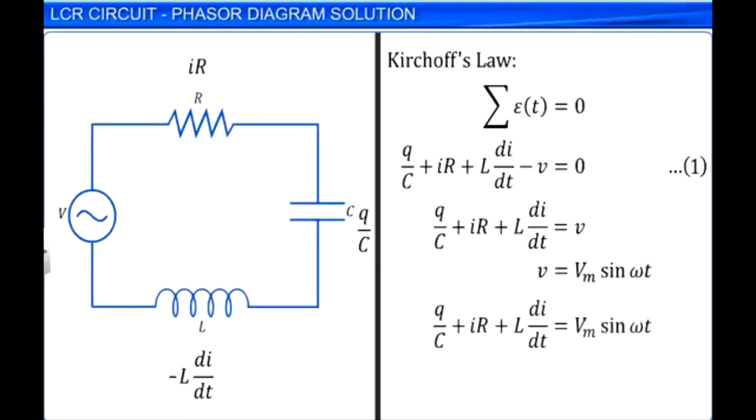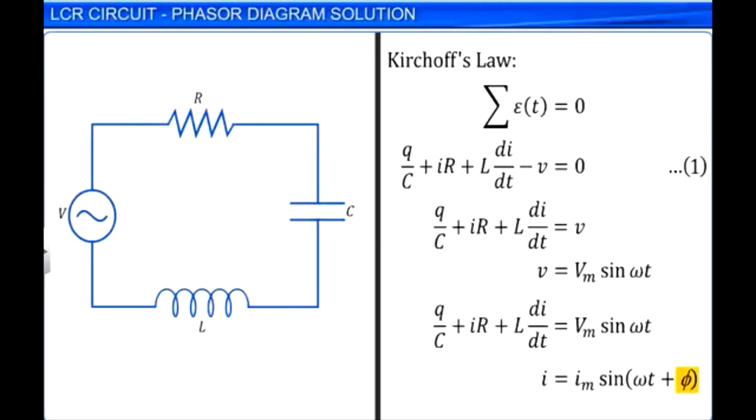As we know that the three circuit elements are in series, thus the current I through them is the same. Thus, we have I is equal to Im sin (omega t plus phi), where Im is the amplitude of the AC current in the circuit. Omega is the angular frequency, and phi is the phase difference.